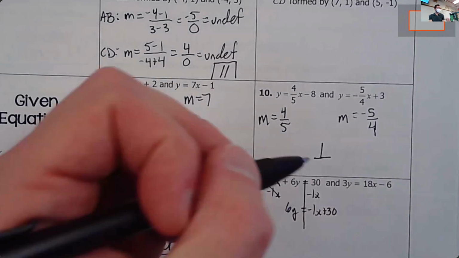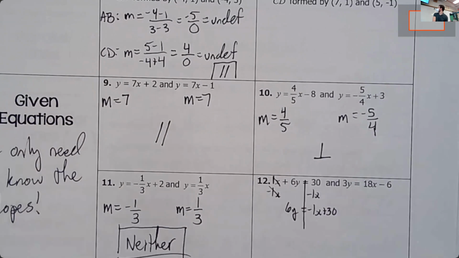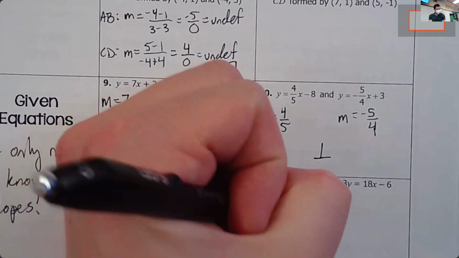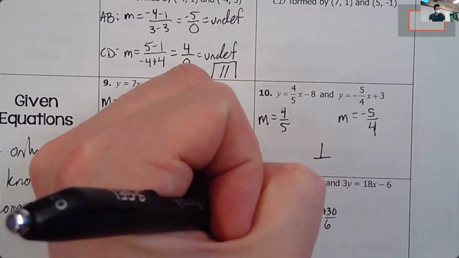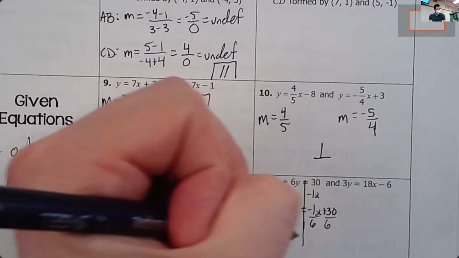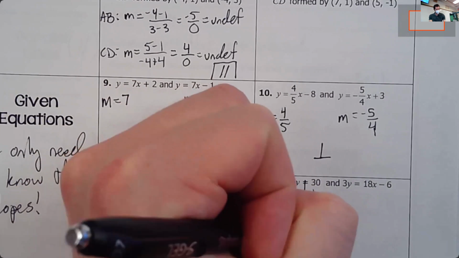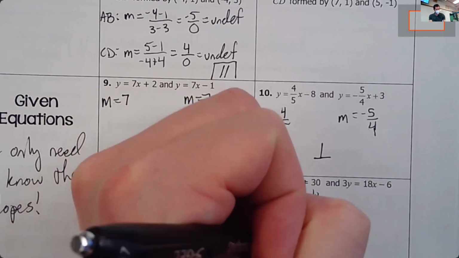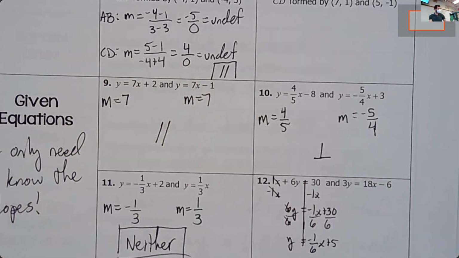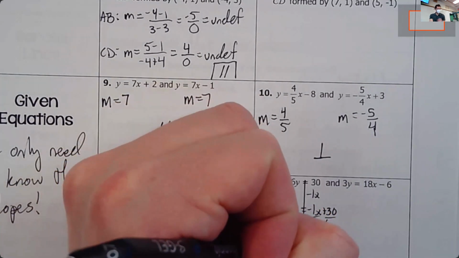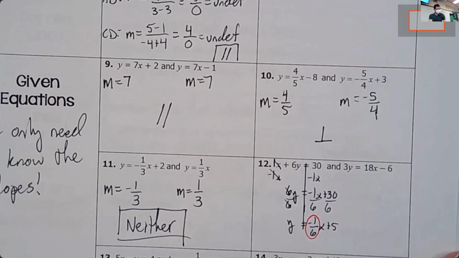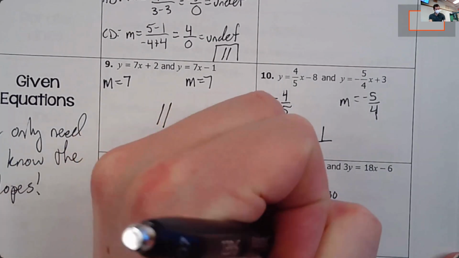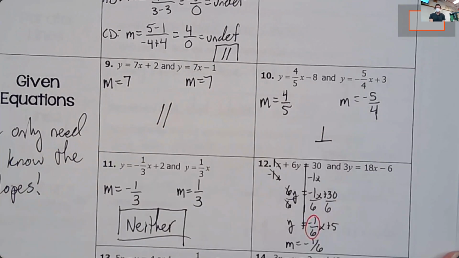And then we have to divide everything by the number with y. This is converting from standard form into slope intercept. We practiced this on Friday. And so we divide everything by 6, and that'll be y equals negative 1 over 6x plus 5. The only number here that we are interested in, though, is this number right here, negative 1 over 6. That's our slope for that line right there. So m equals negative 1 over 6.